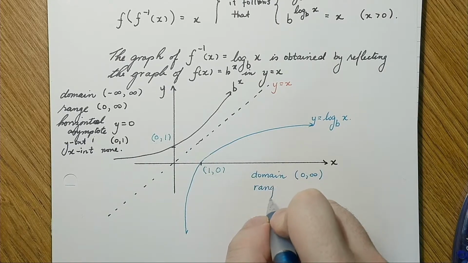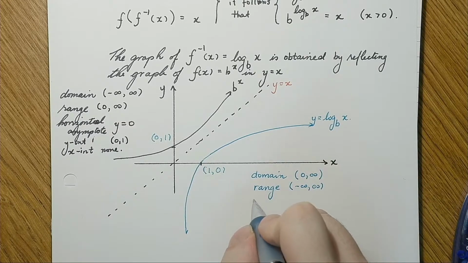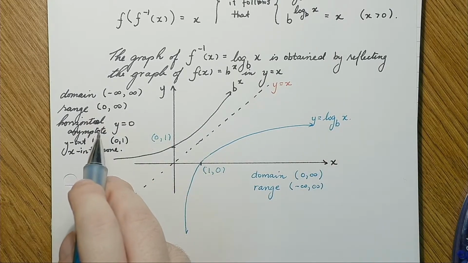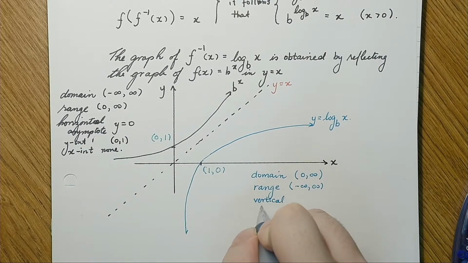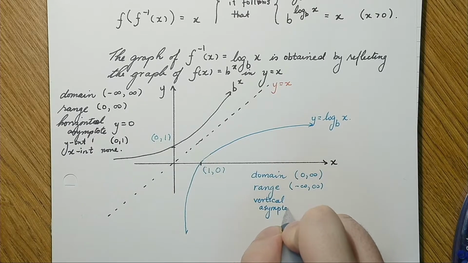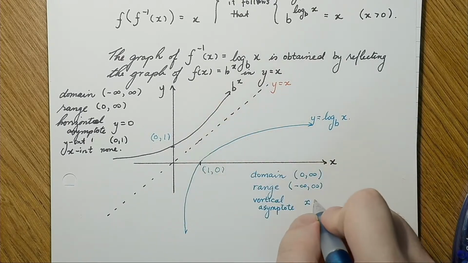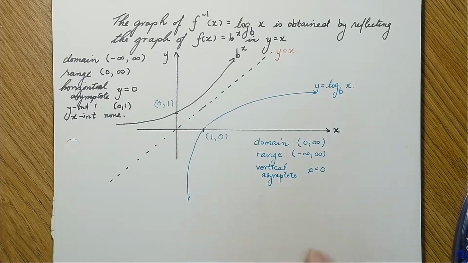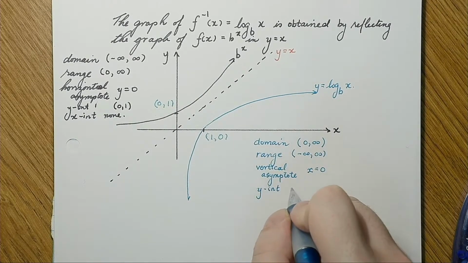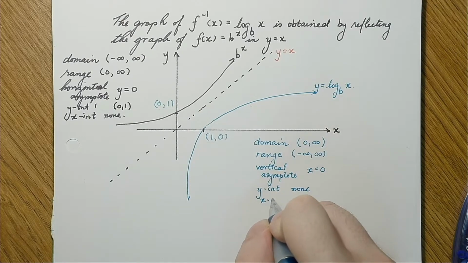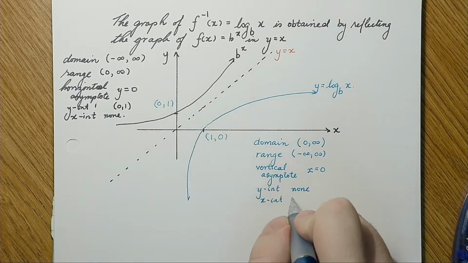The range becomes from minus infinity to infinity. We don't have a horizontal asymptote anymore, but we'll have a vertical asymptote, and in that case, it's going to be x equals 0. There is no y-intercept, but for the x-intercept, again, it swaps. So instead of having 0, 1, we'll have 1, 0.